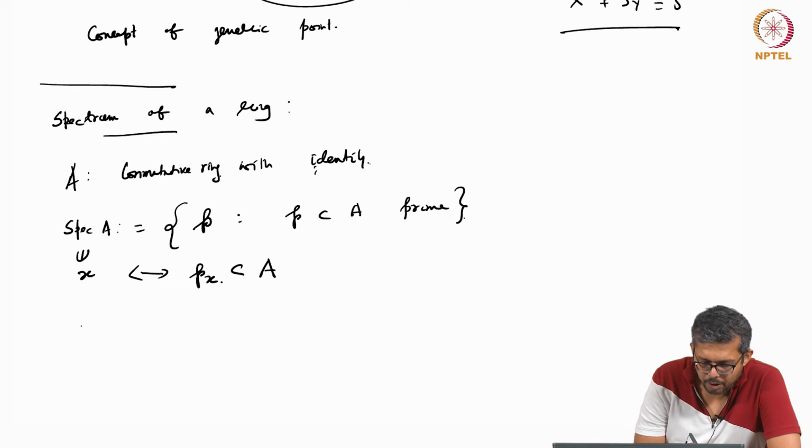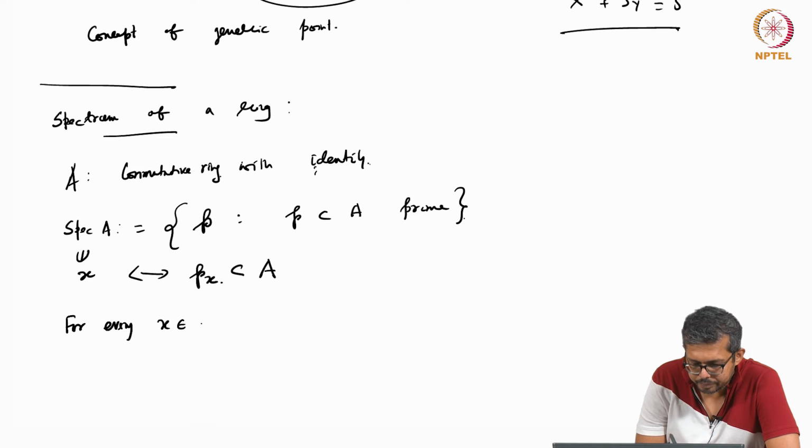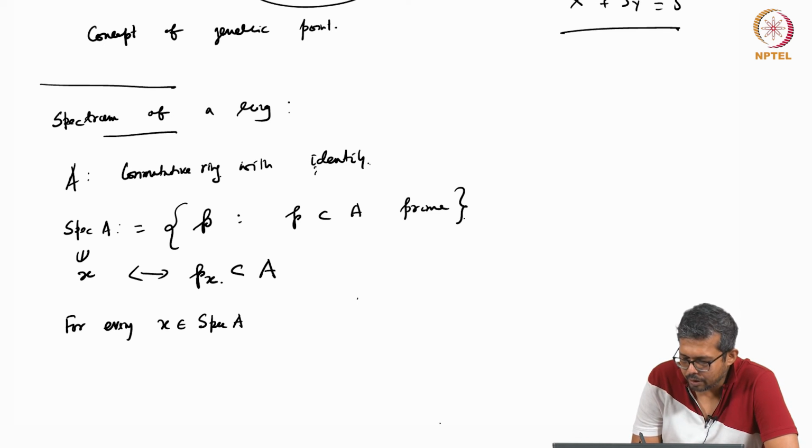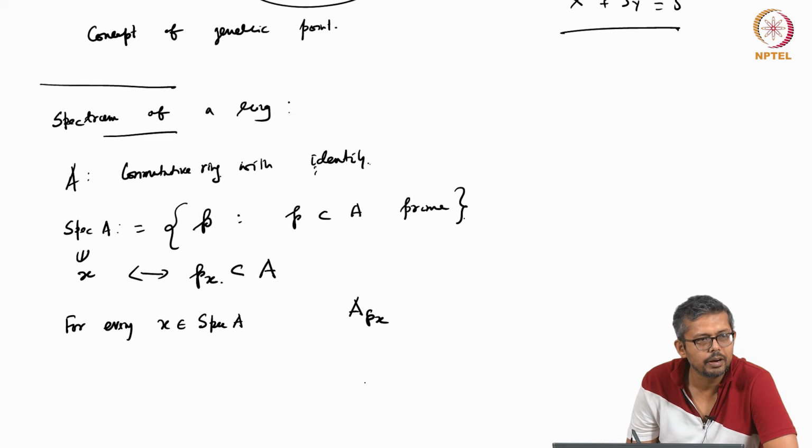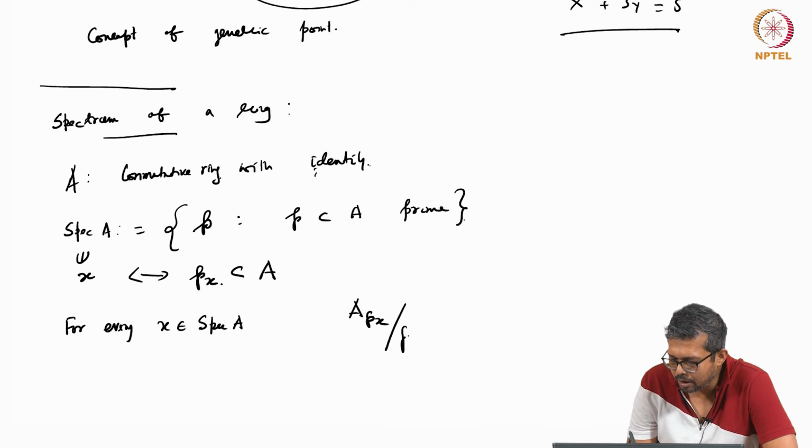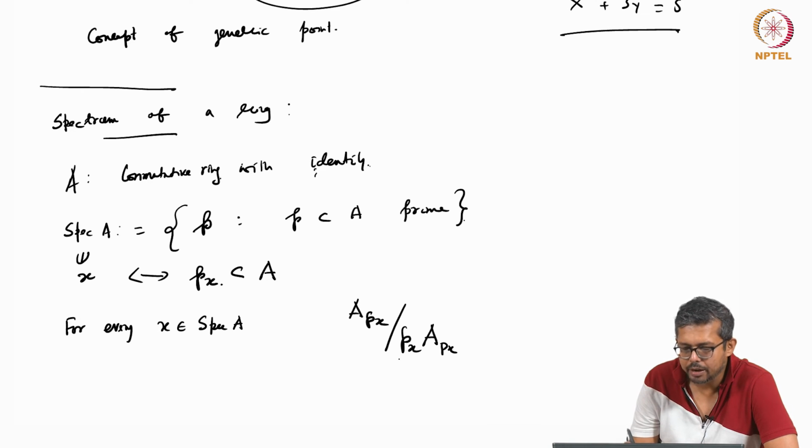For every x, you can construct a field, which is called the residue field. You consider the localization A_{P_x}. P_x is a prime ideal, and this is a local ring whose maximal ideal is the ideal generated by P_x.